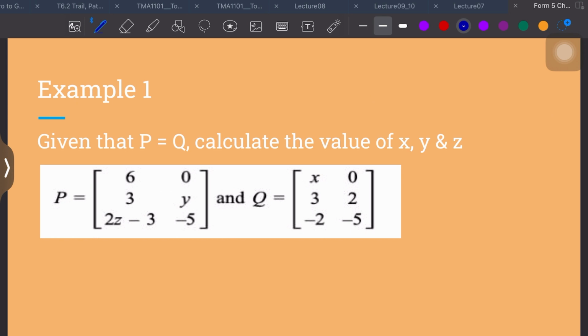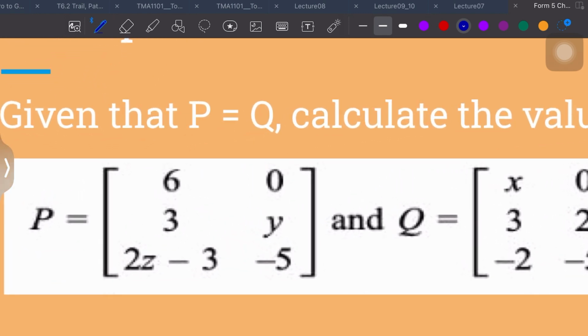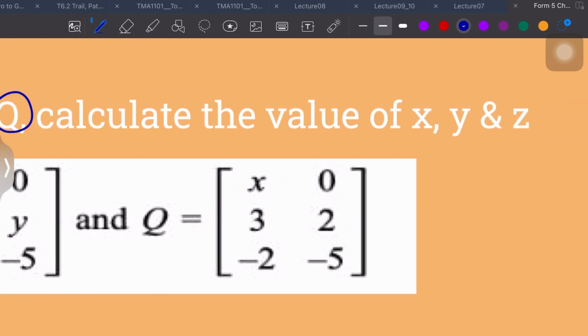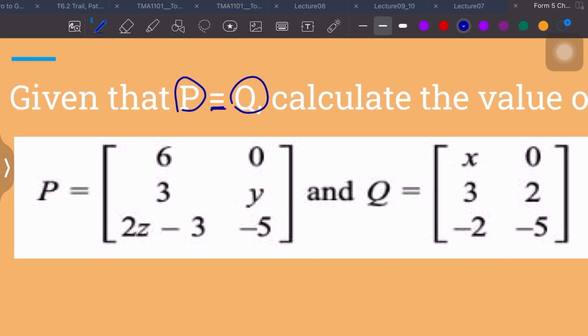Here we can see the question said that P is equal to Q, and it said to calculate the value of X, Y, and Z. Some of the digits in P and Q are missing.